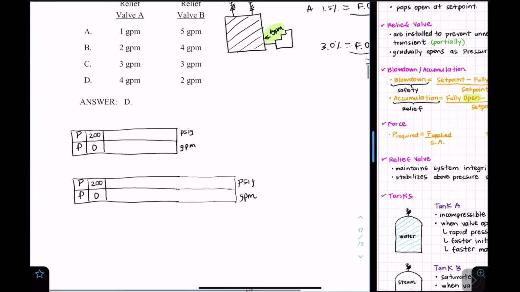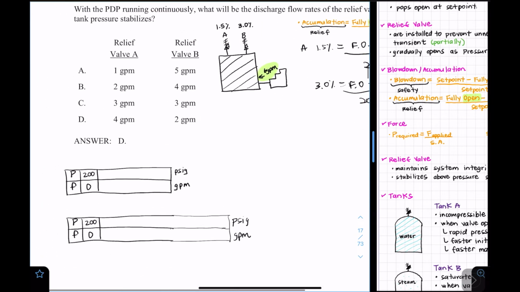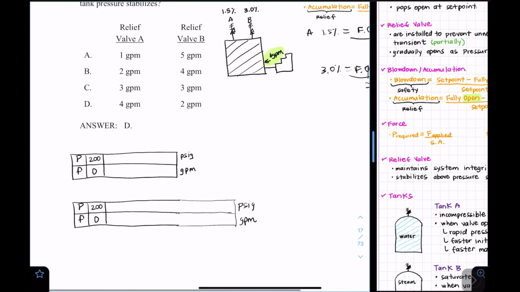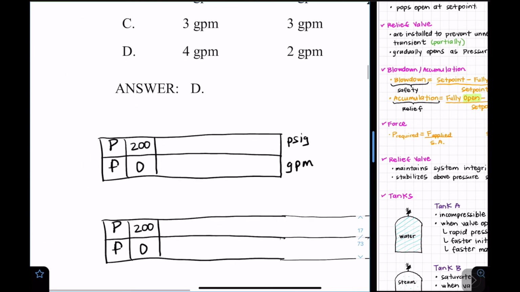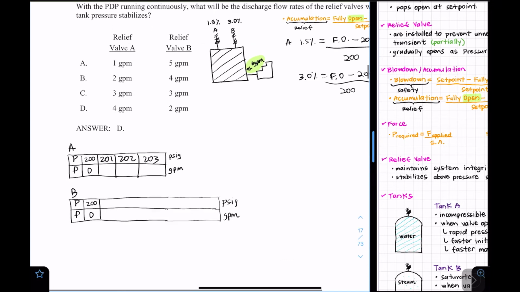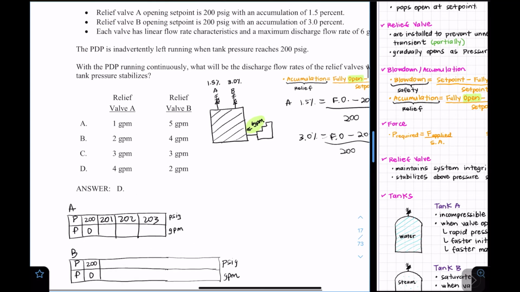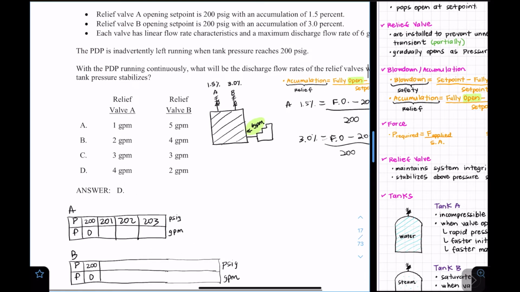Then I like to have this table because I like to see, for my valve A and valve B, that this one is going to be open at 203. So I make my table. Each one, we said, had a maximum flow rate of 6 GPM.